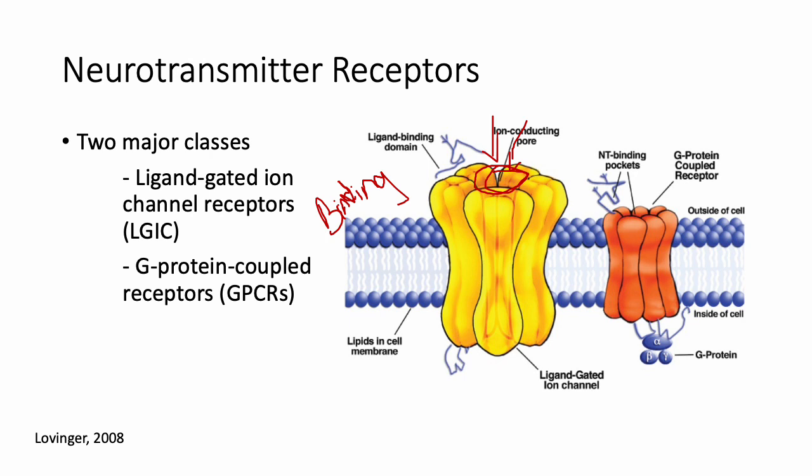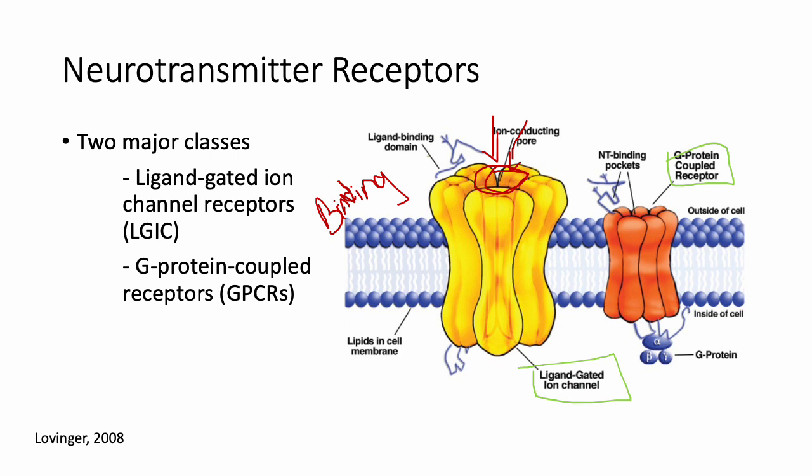In our picture, we have a ligand-gated ion channel on the left. It says right here, ligand-gated ion channel, which is why we're keeping the green, and the G protein coupled receptor on the right. The ligand-gated ion channel shows the arrangement of individual subunit proteins, defining a pore where ions flow across the cell membrane. Binding of the neurotransmitter occurs on the part of the protein located outside of the cell with this receptor, which is right here.